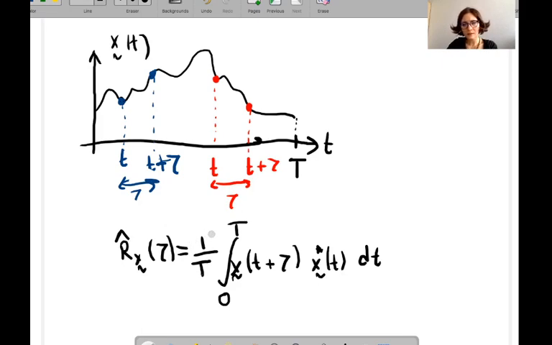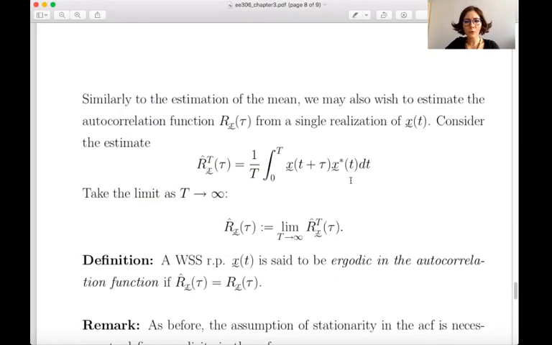And since this involves the time averaging over the interval 0 to T, so capital T is some parameter that I have, I put a T just to remember that I have this finite time average. Now, if we go back to the notes, this thing is a good candidate for an estimate of the autocorrelation function.